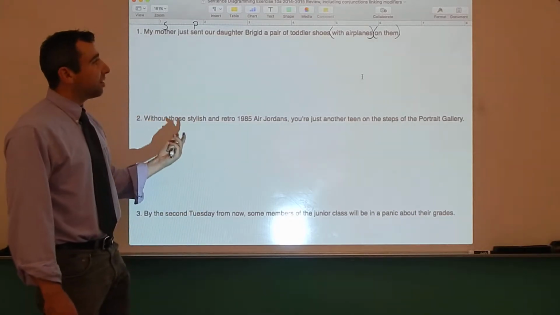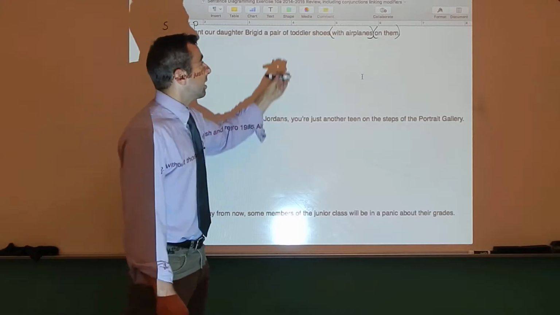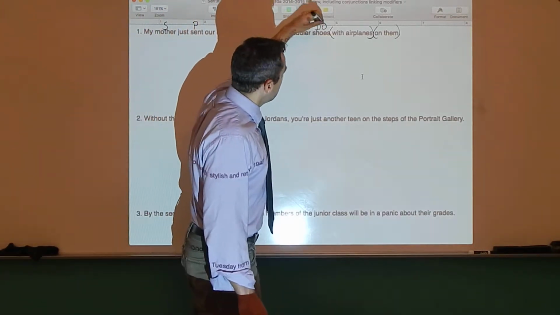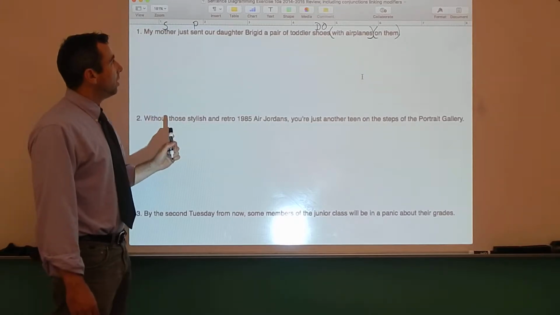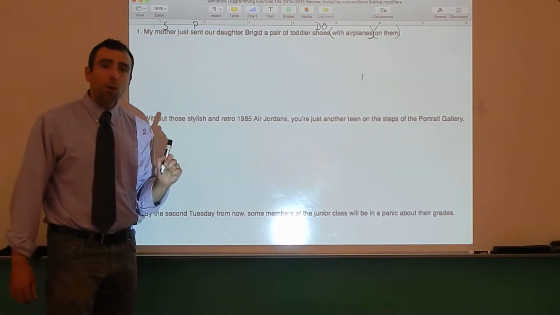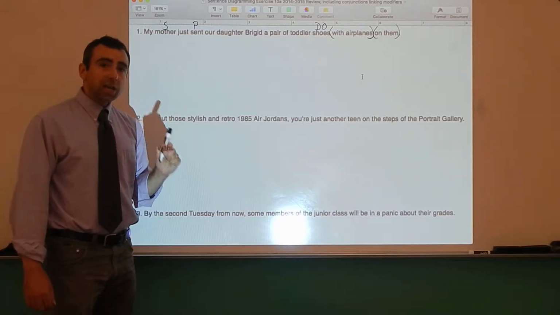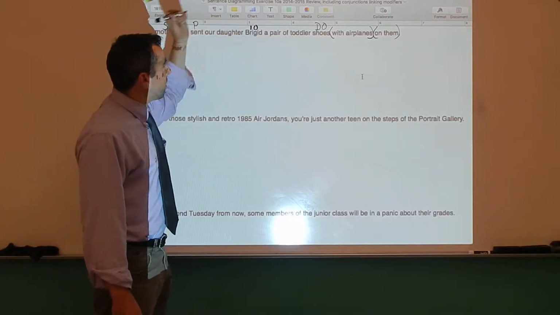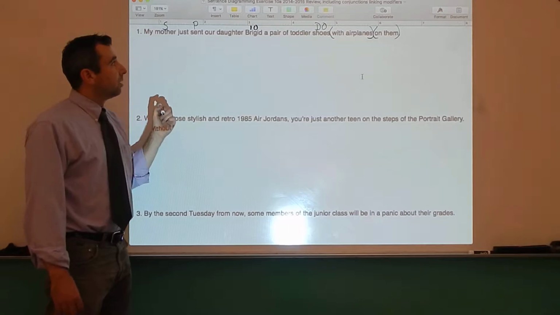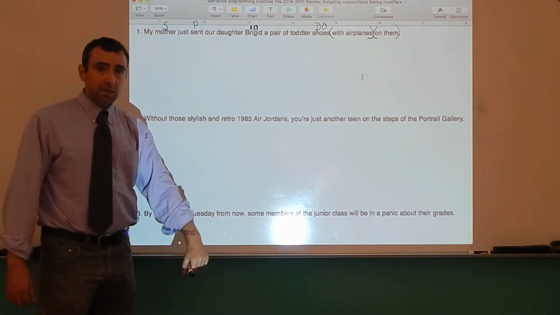It's following an action verb. Shoes is a direct object. Now, is there a person or thing to whom or for whom these shoes were sent? Yes, it's Bridget. Bridget is the indirect object. Those are the parts of sentence here.